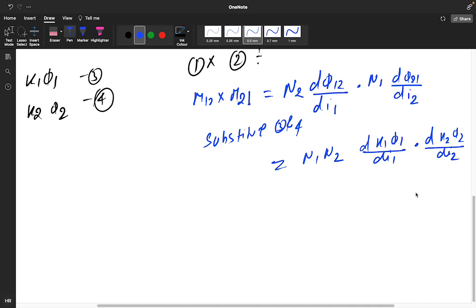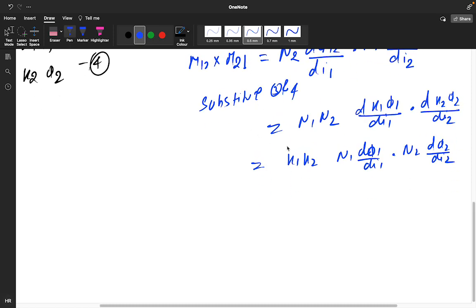Okay, so you are getting k1 k2 N1 dφ1 by di1 into N2 dφ2 by di2. I hope you remember the formula of L1, leakage inductance, which we discussed in the beginning classes. K1 K2 N1 into dφ1 by di1 is the inductance value of N1, and this is your L2 value.